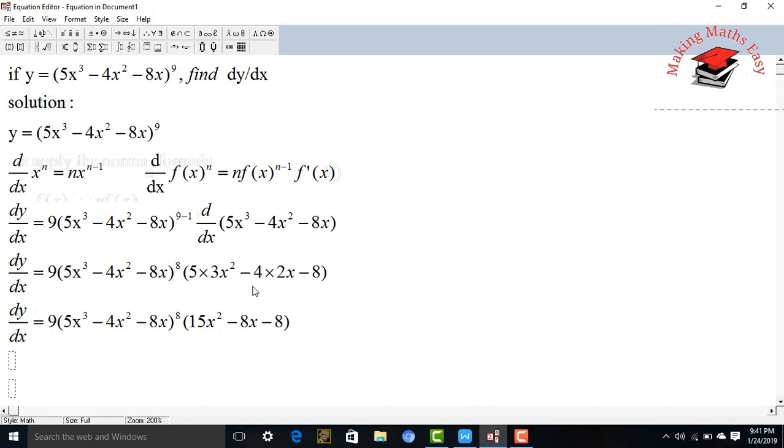So dy by dx, the derivative of the given function, I have solved.